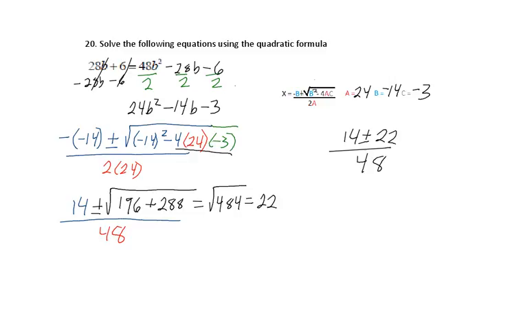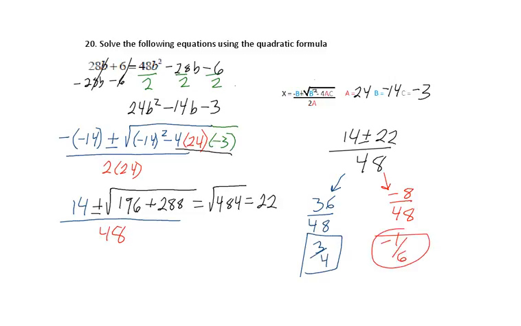If you first add, 14 and 22 becomes 36, and 36 over 48 becomes 3/4. If you subtract, 14 minus 22 is negative 8, and divide by 48, you get negative 1 over 6. And those are your answers.